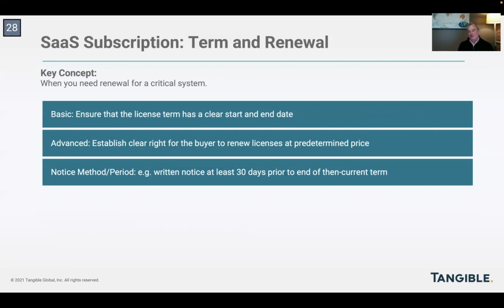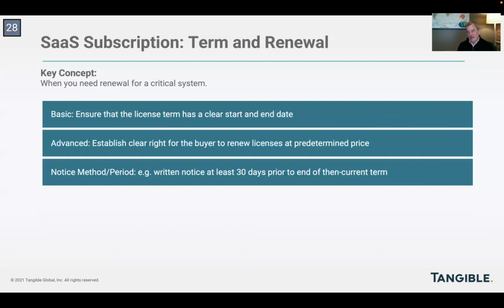Can they exit for convenience before the term ends? Vendors hate that. Strong word. They robustly resist an early out, but it can be available, it can be negotiated, and it is a worthy objective.